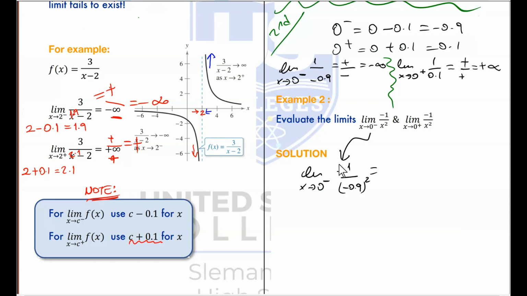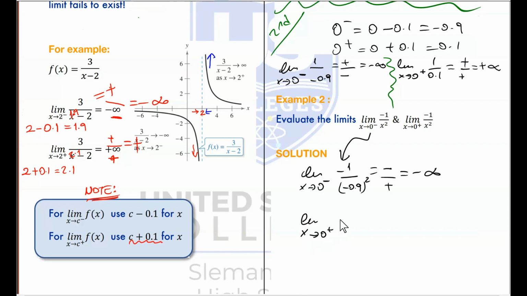The sign of the top is negative, the sign of the bottom, no matter what I have inside, since I am squaring it, it's always positive. Negative over positive is negative, so negative is the direction of infinity. So the answer to the first part is negative infinity. The second part will be the opposite or the same? We can't know.